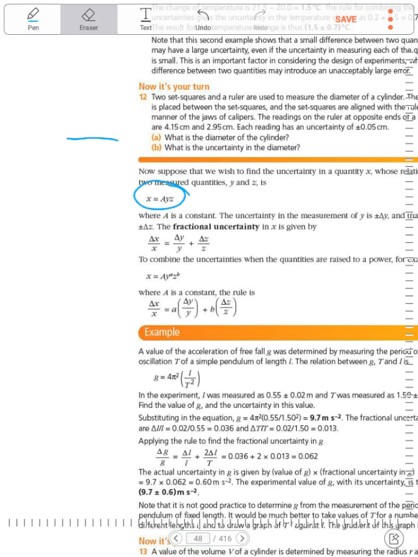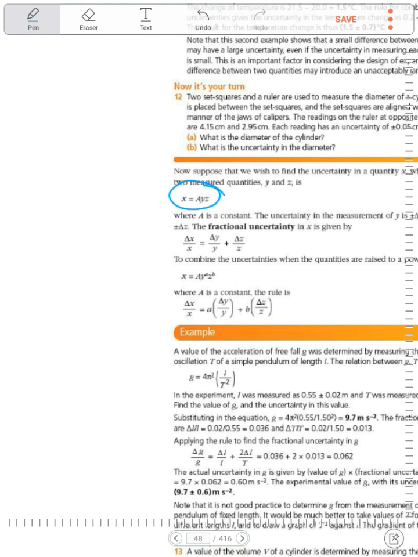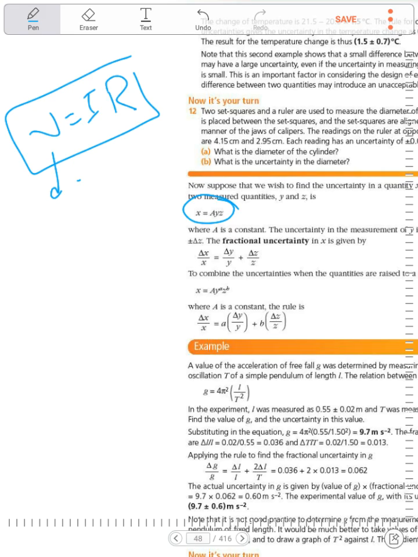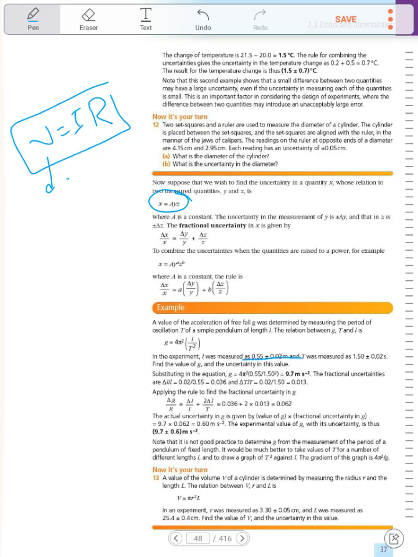Okay, if I have multiplication between the values, like let's say V equals I times R, how can I find the error in the voltage? In this way, I take the error in x over x equals the error in y over y plus the error in z over z.